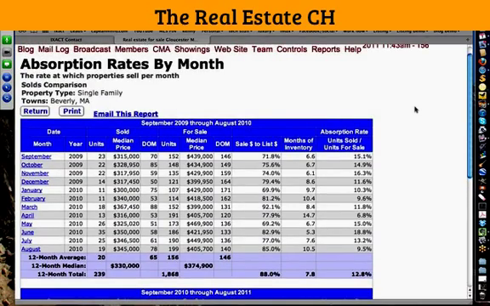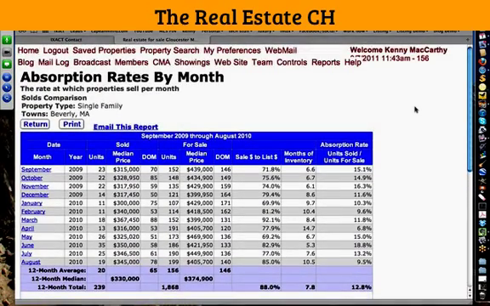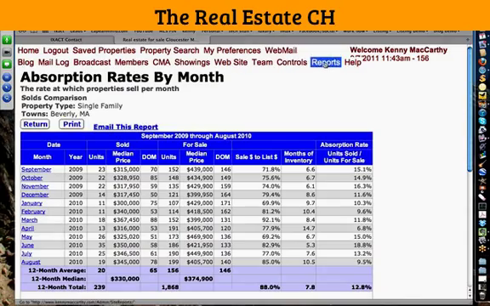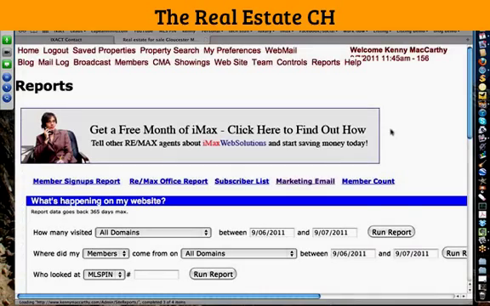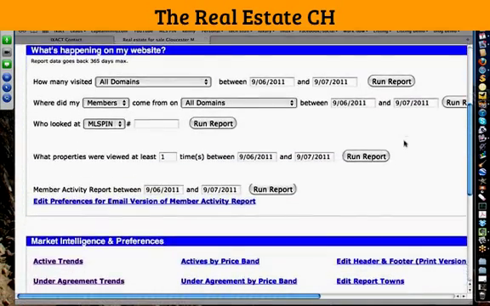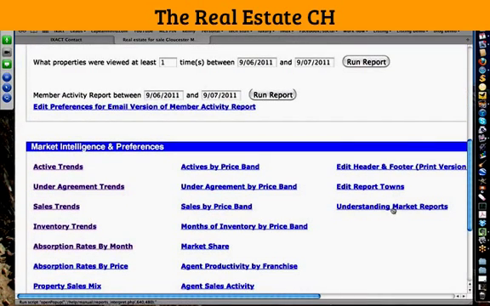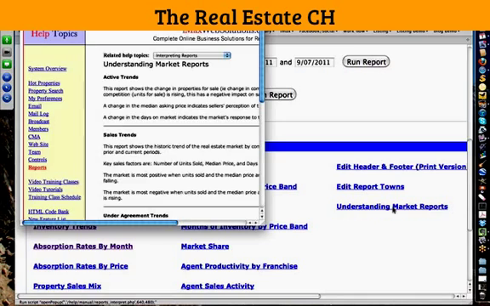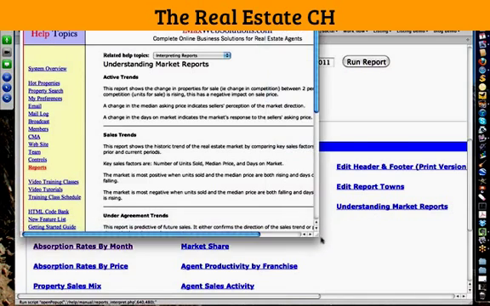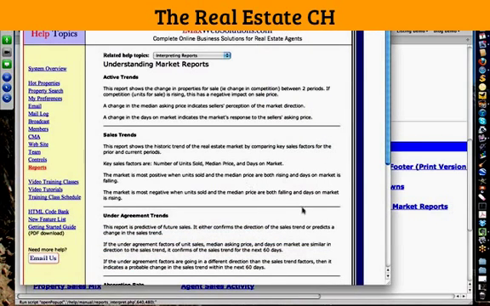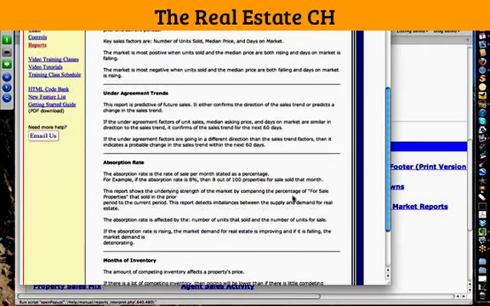I hope that's clear. And by the way, right in the reports section of your website, if you scroll down and look over here, there's a link that says Understanding Market Reports. If you click on that link, there is some nice verbiage there for you that talks about each report.